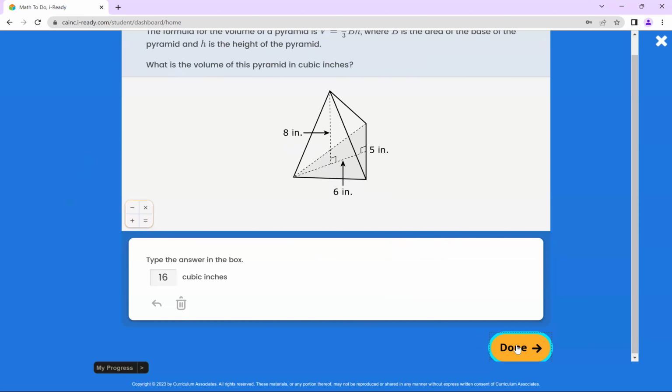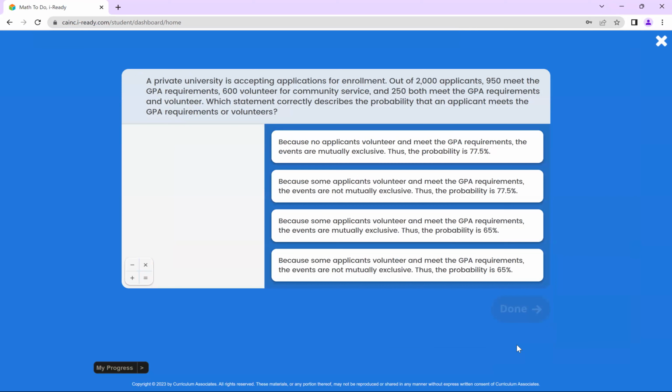I think I did that right. Okay. Let's do the third option. Okay.